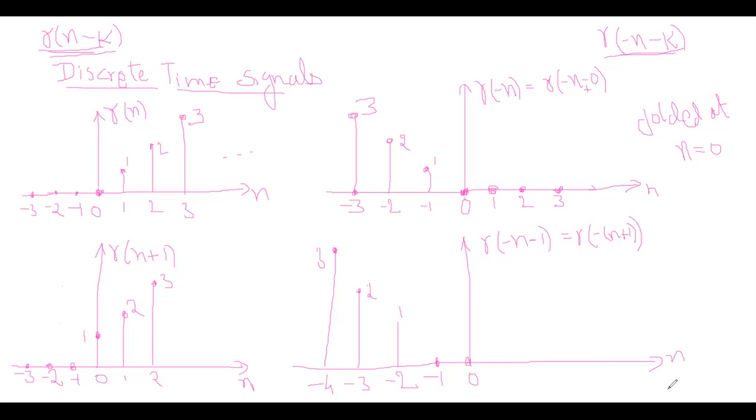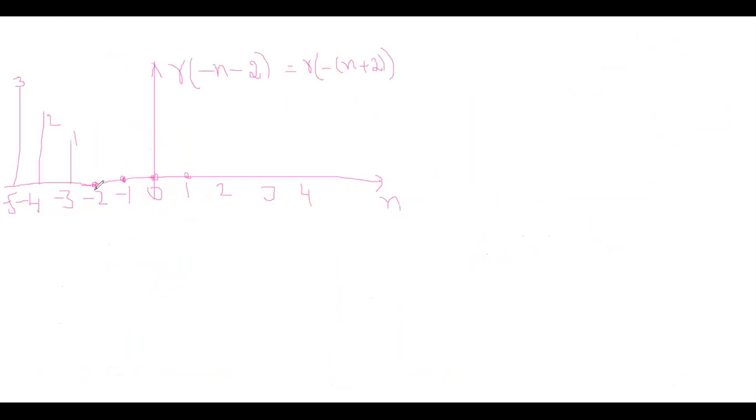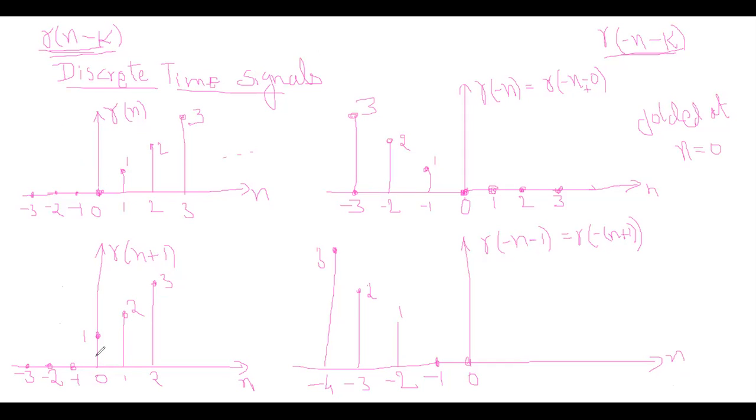You see, folding occurs at the minus 2. Then the minus 3 value is a 0. After the folding, the 0 will appear here, and the 1 appears here, and the 2 appears here, and the 3 appears there.